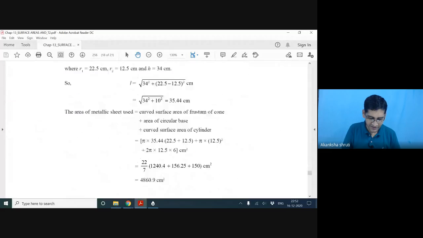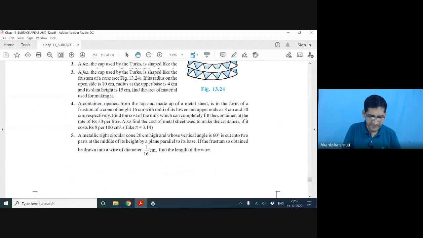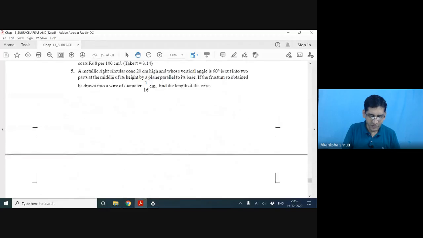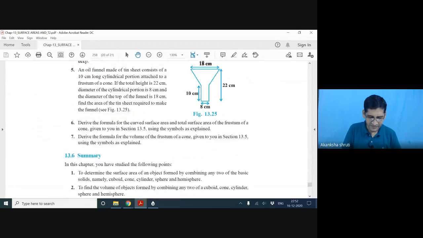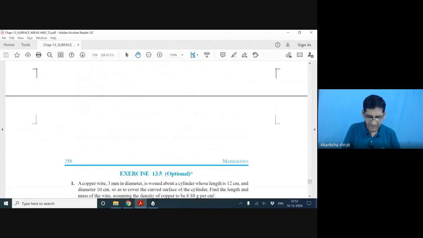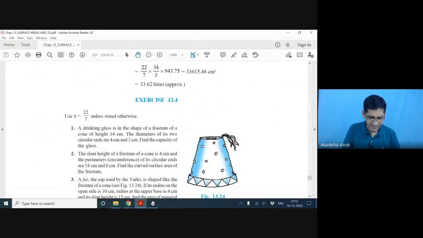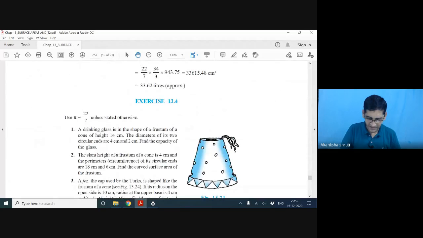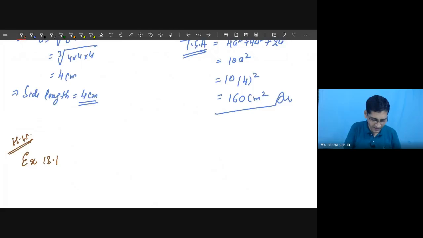It is at the end. Cone is also there. Yeah, in the same one there is some concept of melting. Exercise 13.1 and 13.2. Please do this much, students.